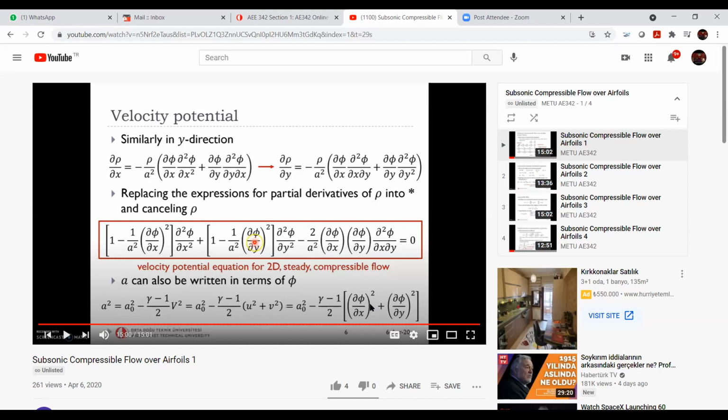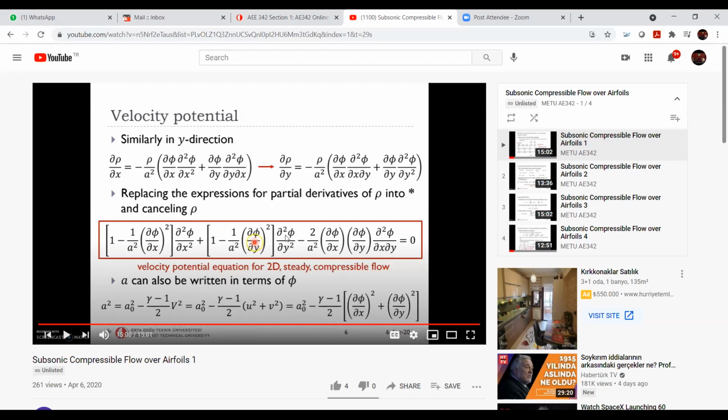Well, it's not the case here. When we start dealing with compressible flow now, because of all the variations in the density, basically, the derivatives come in. You can see, for example, in the slide, we cannot ignore d rho dx, d rho dy. These have to go into the equation, and when they do, they generate a more complicated equation, still only a function of phi, but now it's a nonlinear equation.